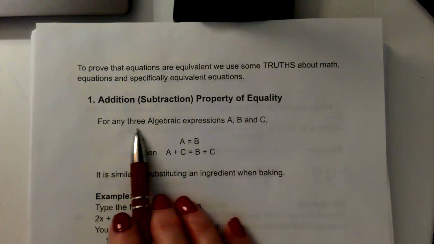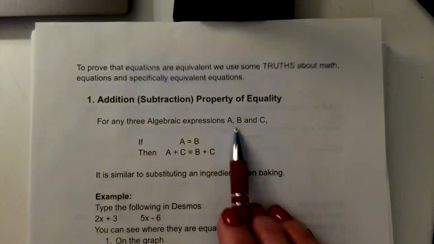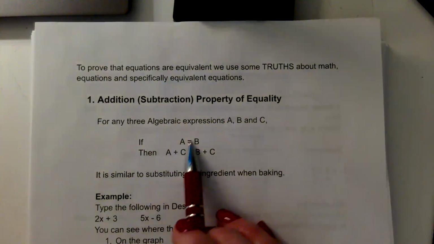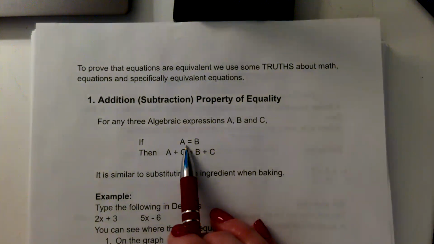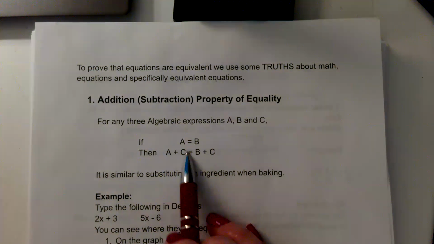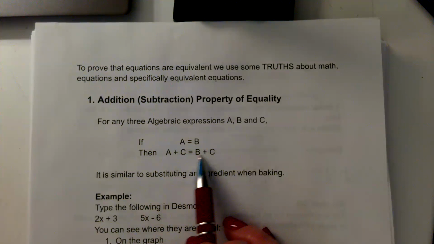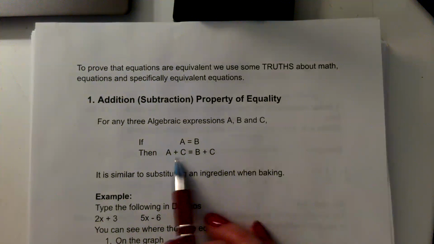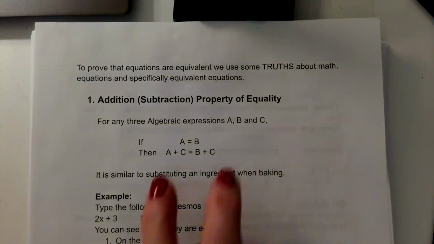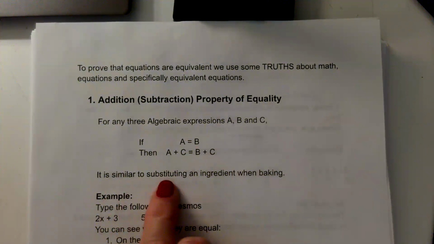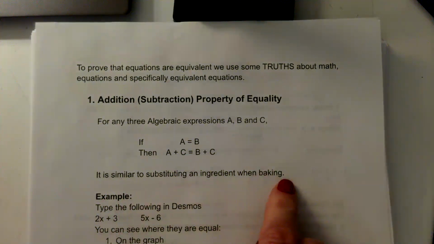It says for any 3 algebraic expressions, A, B, and C, if we know A and B equal each other, then we can add C to A and we can add C to B, and they will still be equal to each other. Because we're adding the same, it says it is similar to substituting an ingredient when baking.